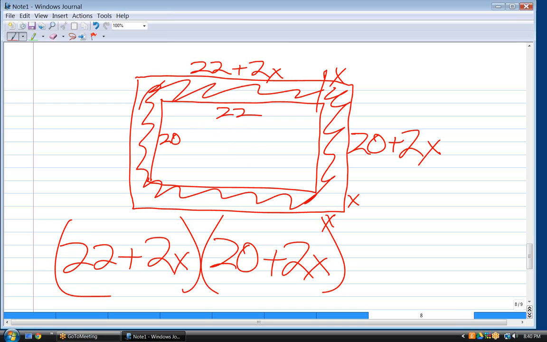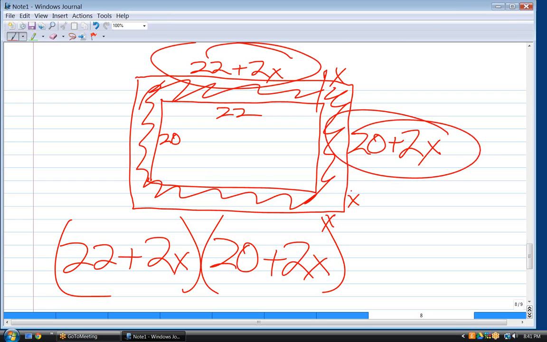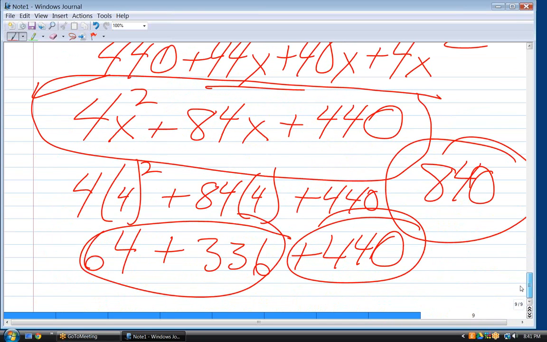It won't be a solid rectangle. So when they say the area of the picture and the frame, they mean the inside rectangle plus the frame, or the outside rectangle. Multiply the base times the height, and then substitute 4 for x. You got your answer.